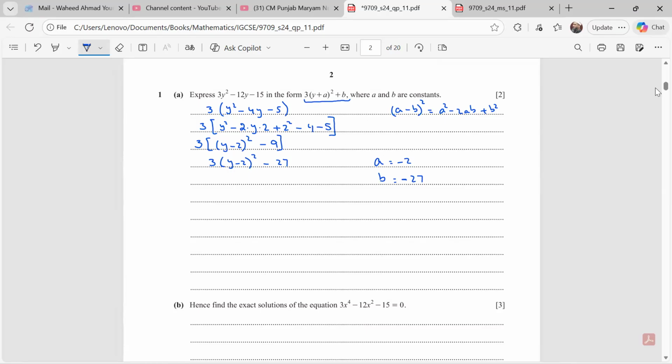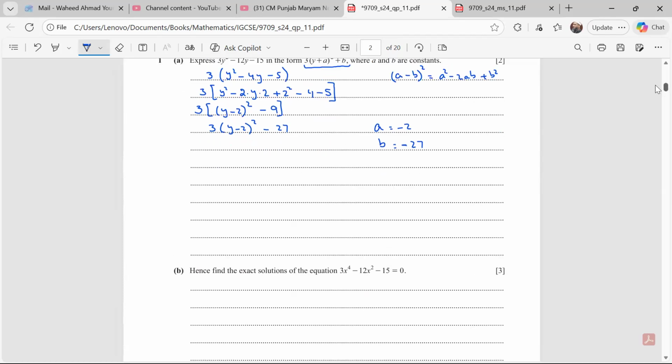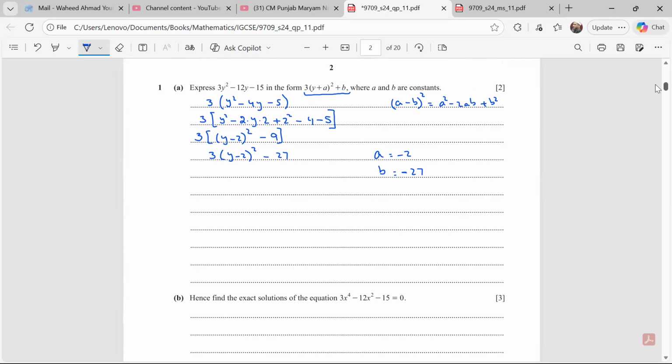Now, hence find the exact solution for this equation. Okay, now you can see that this equation is slightly different from the given above here. We have quadratic expression in the given in part A. It's like 3y squared, but here I have 3x4.